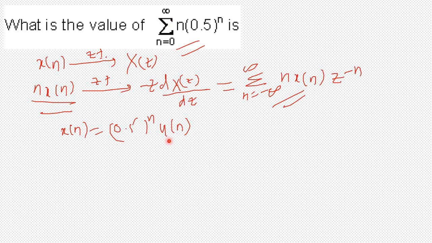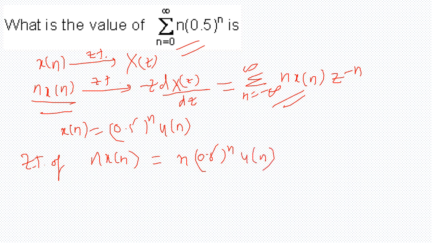You have to be very careful here, and this is how it is going to be. And what we can now do is simply find our z transform of n x of n. Now that n x of n is n 0.5 power n u of n. This is our n x of n.